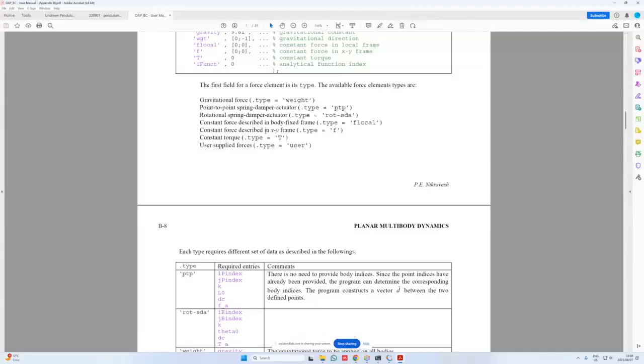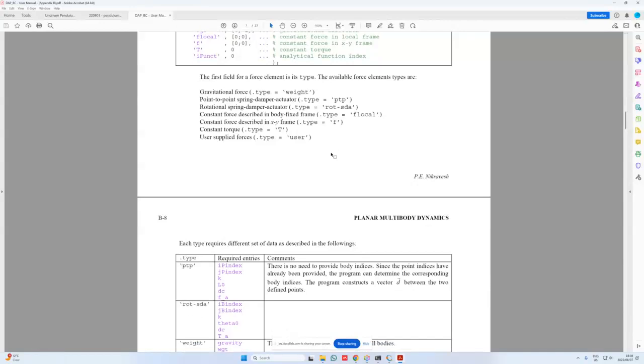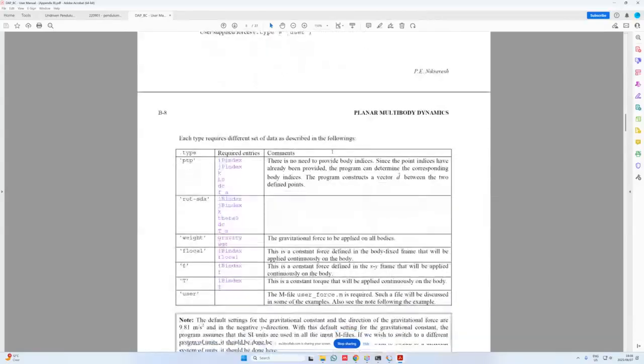A constant force in the global coordinate frame, or XY frame, is then type F. A constant torque will be type T, and if I have some user supplied force, the type of force will be user. I'm also going to create another input file called user_force, and we'll look at that in the upcoming lectures for our application examples.